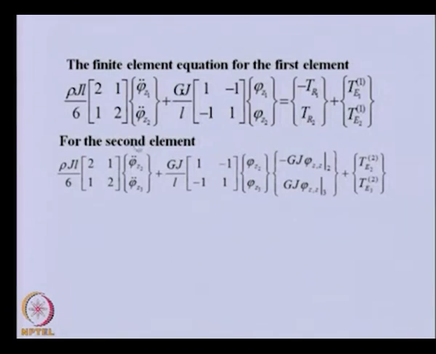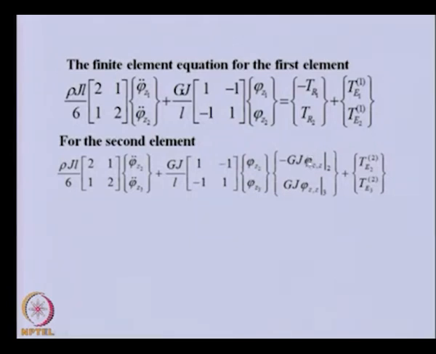Now for the second element, the mass matrix, because the size of the element is the same, will remain the same. Here there will be a change. You can see now that angular displacement 2 and angular displacement 3 are there, with their angular accelerations. This is the only difference, otherwise the stiffness matrix remains the same as the previous one. So here also phi z2 and phi z3 correspond to the two angular displacements of that particular element.